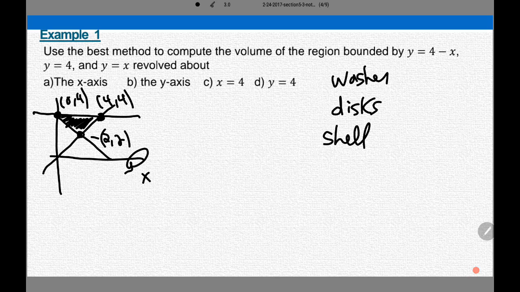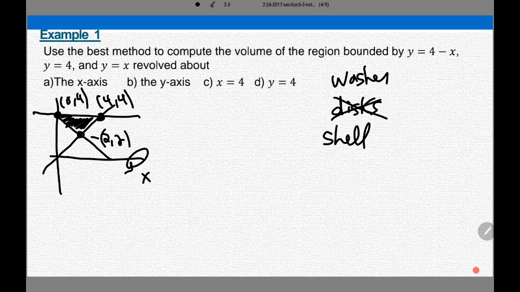Now, right off the bat, since we're not touching the x-axis and we do not have a nice thing touching the x-axis, I want you to notice we don't have a nice bottom bound for the whole thing. We have a nice top bound, but the bottom changes as we go from left to right. So we're not going to use disks at all.